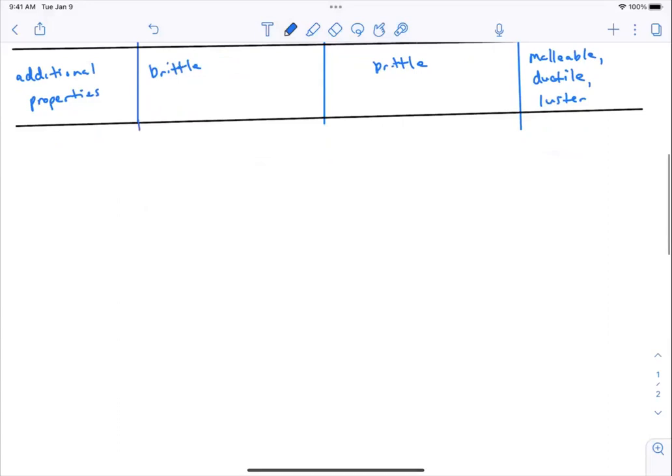Sorry, I'm just going to keep extending these lines. The next thing is, what determines strength?